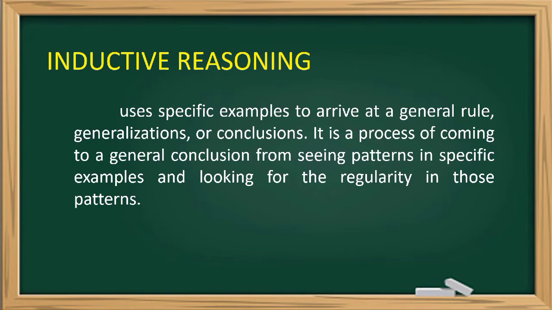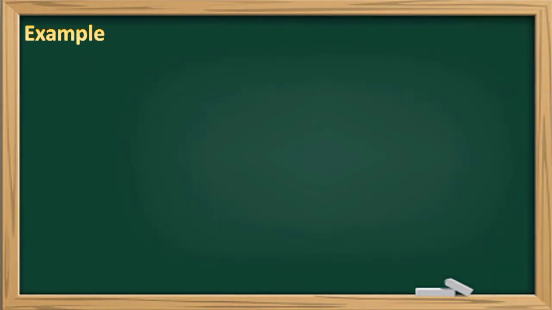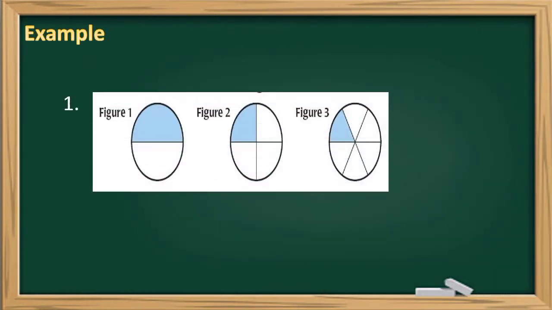To understand more about inductive reasoning, let's have an example. Inductive reasoning includes visual patterns. Take a look at the figure in number 1. What do you think is the fourth figure?